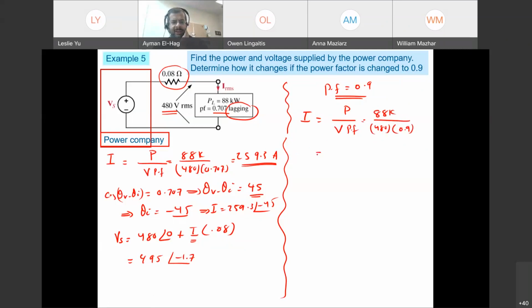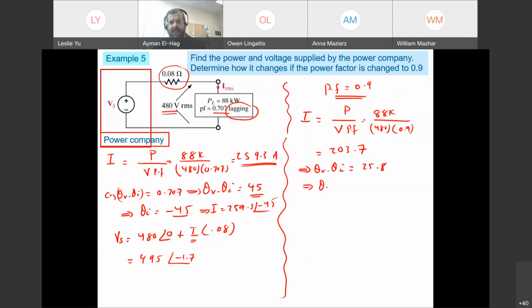And if you do this, this is equal to 203.7. Okay, and the angle, theta v minus theta I, will equal the cosine inverse of 0.9, which is 25.8.